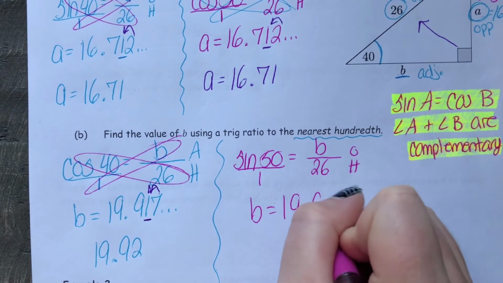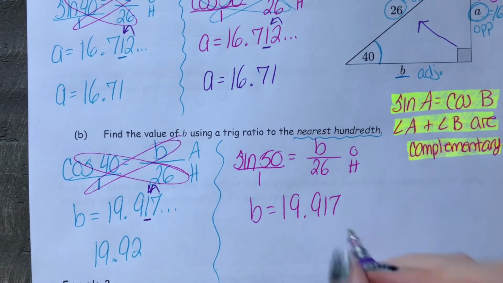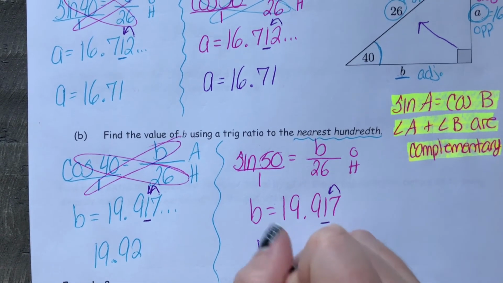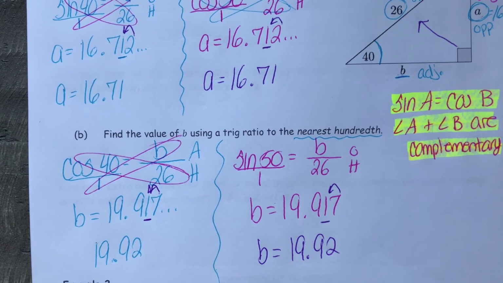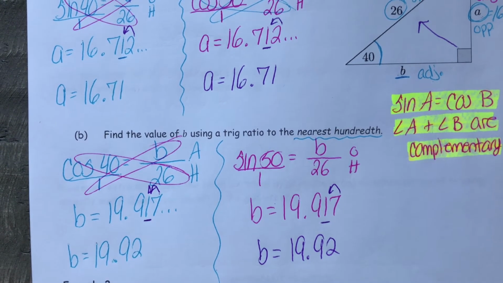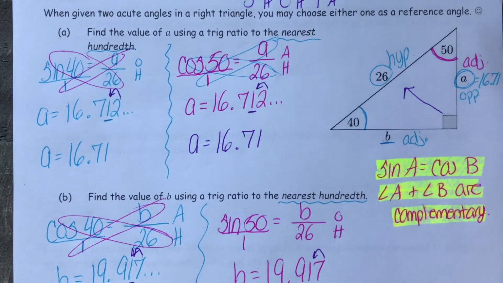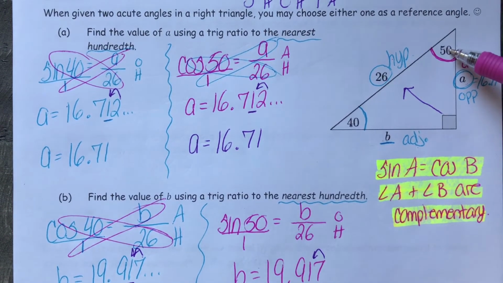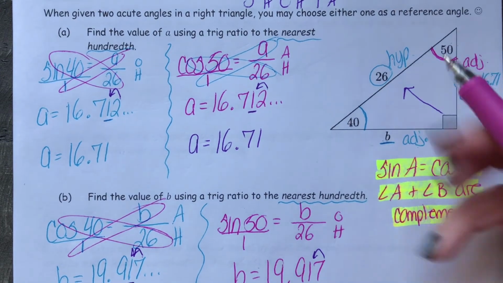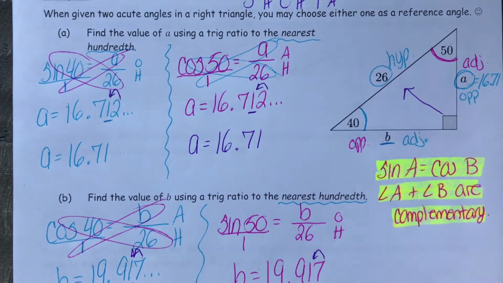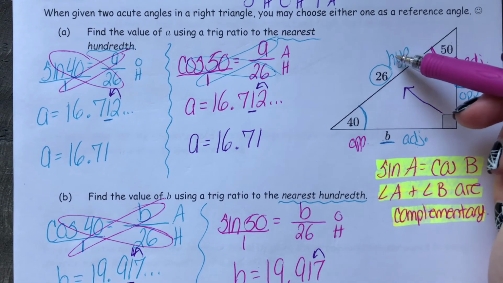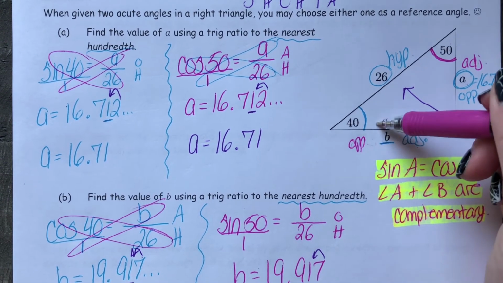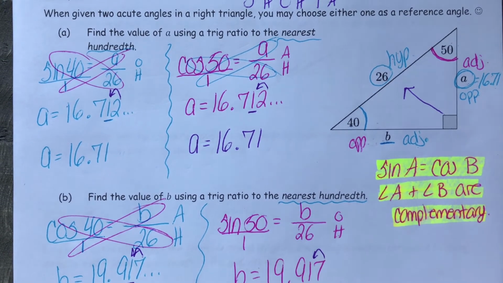B equals 19.917, and then again, when you round, you get that B equals 19.92, all right? Here, I should write this on the side, B equals, okay? Because again, so sorry, if I am using 50 as a reference angle, B is actually opposite. So that would be hypotenuse and opposite, which again would have been the sine function.